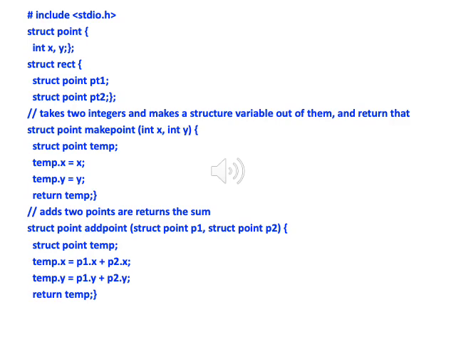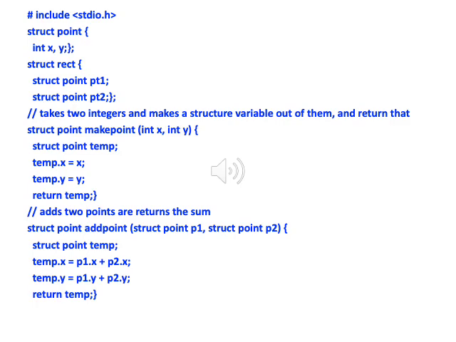Likewise, we also need the y value for temp, which is simply the sum of the y components of both points p1 and p2. So we write temp.y is equal to p1.y plus p2.y. Now our temp is loaded with both the x and y components.